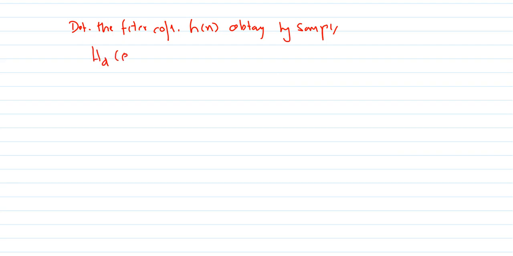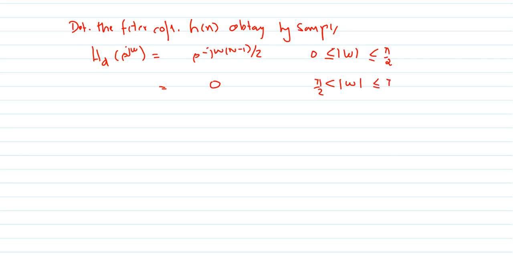Now we'll solve a small challenge. The question goes like this: determine the filter coefficients h of n obtained by sampling Hd of e power j omega is equal to e power minus j omega (n minus 1)/2 for omega greater than or equal to 0 and less than or equal to pi by 2, and it is equal to 0 for omega greater than pi by 2 and less than or equal to pi.